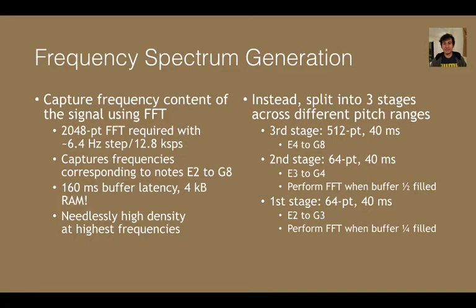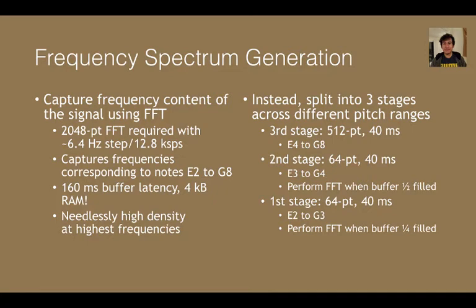And in terms of RAM, the hardware acceleration that allows us to do the FFT in a fast way can only use up to 4 kilobytes of RAM, and so this FFT would not be possible, especially when we use two buffers instead of one.